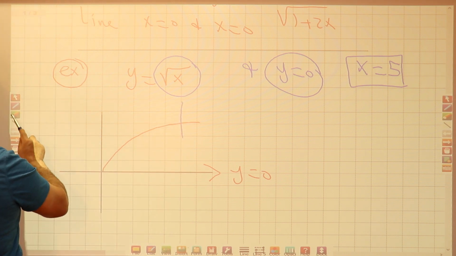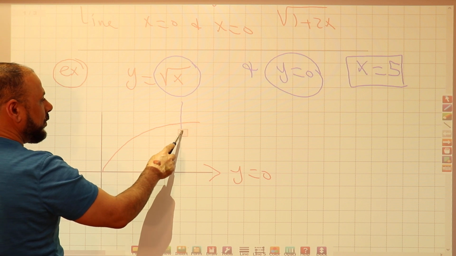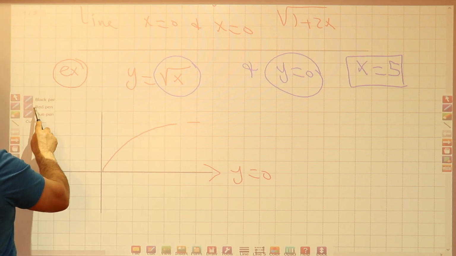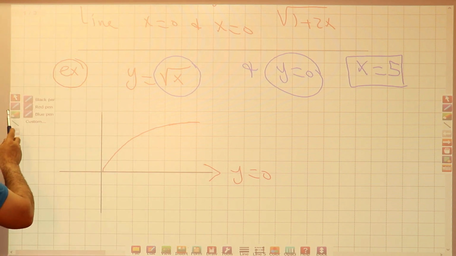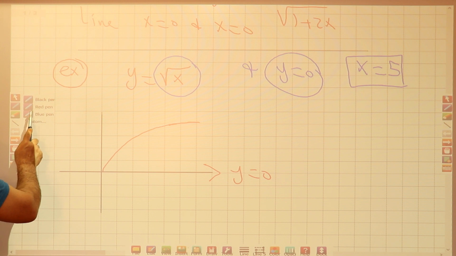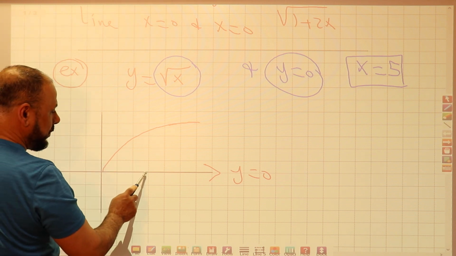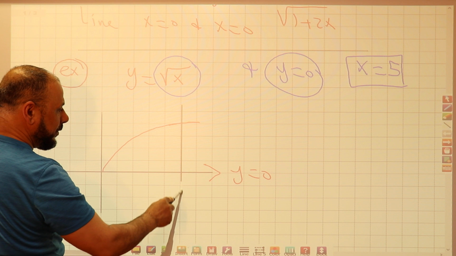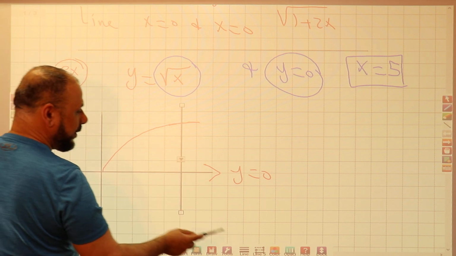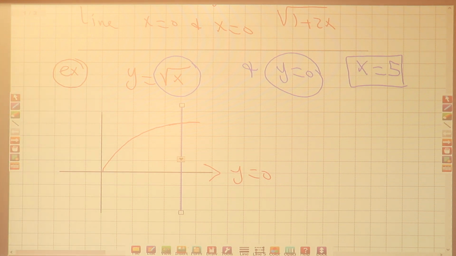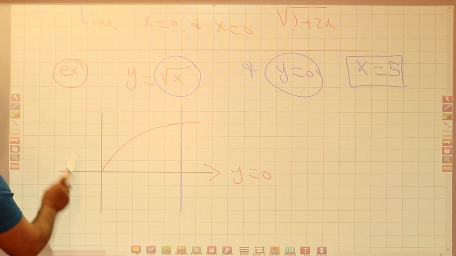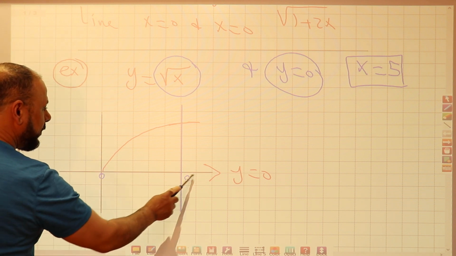Let me just make it nicer. The revolution is about the x-axis. About this line, let me give it a different color. And my integration goes from 0 to 5.